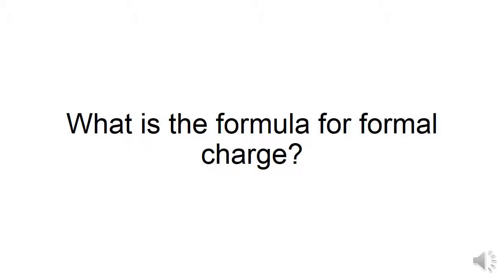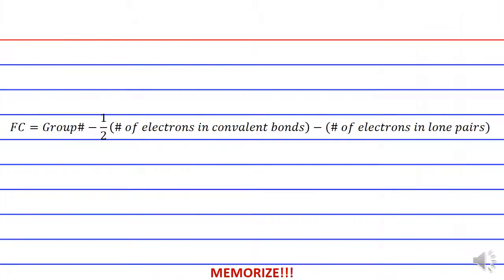What is the formula for formal charge? So how do you calculate formal charge? All right, so formal charge is the group number, that's the column of the periodic table that the element of interest is in, minus 1/2 the number of electrons in covalent bonds.